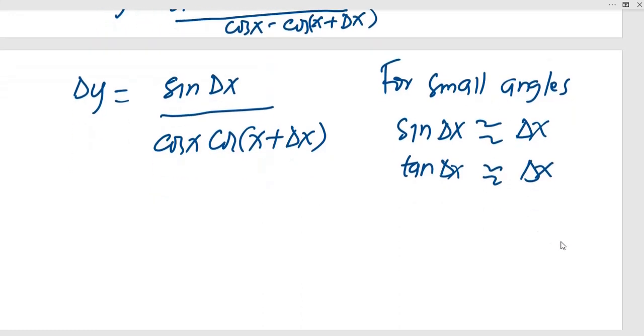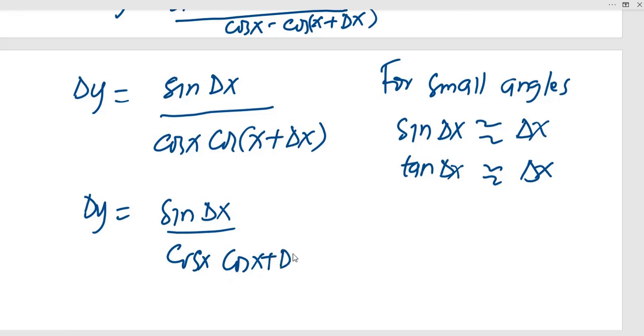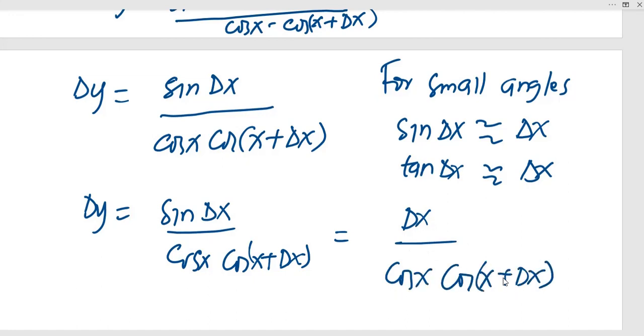Now we substitute that in our expression, so that we have delta y equal to delta x divided by cos x times cos of x plus delta x, because sine delta x has become delta x.